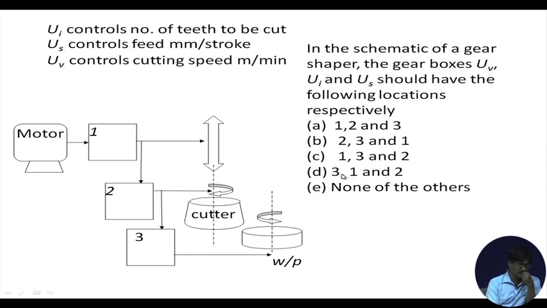Fourth one, 3 should be UV, 1 should be UI, and 2 should be US, and E is none of the others. So, we know after so much discussion that without any exception, this one should be UV, this one should be UI, and this one should be US. I am extremely sorry. This one should be US, and this one should be UI, and hence option C is correct in this case. Option C.